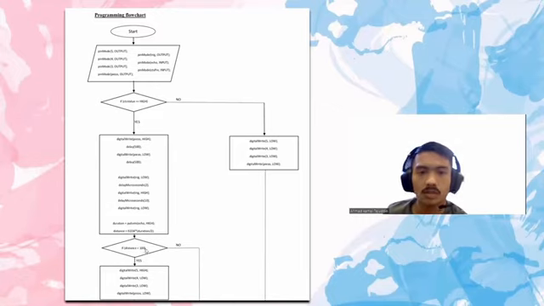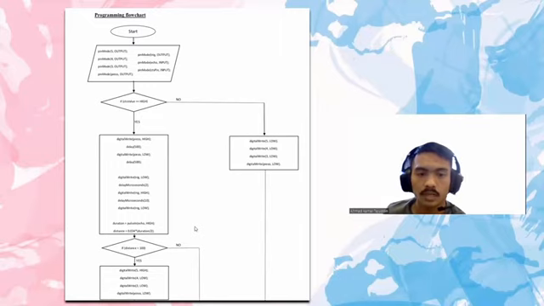If it's not more than 100, then the arrow will go to the process functions, where the green LED will turn on, while the yellow and red will turn off, and then the buzzer will not be on.